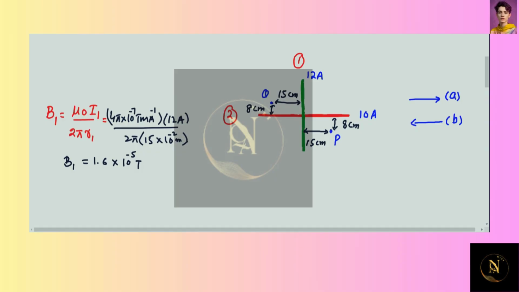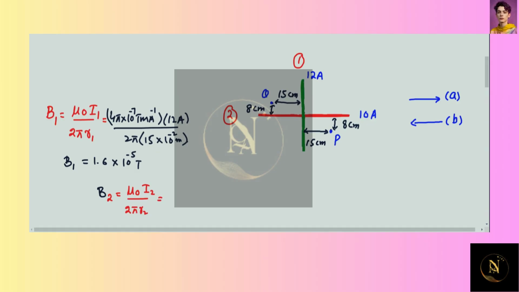Similarly, we can write the magnitude of magnetic field at point P and point Q due to wire 2 as B2 equal to mu naught times I2 divided by 2 pi R2.